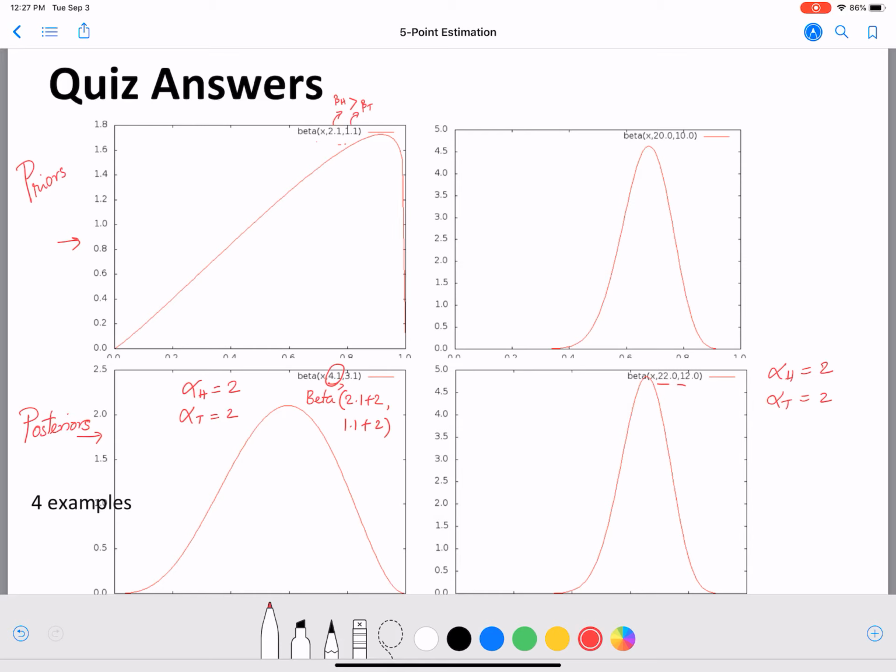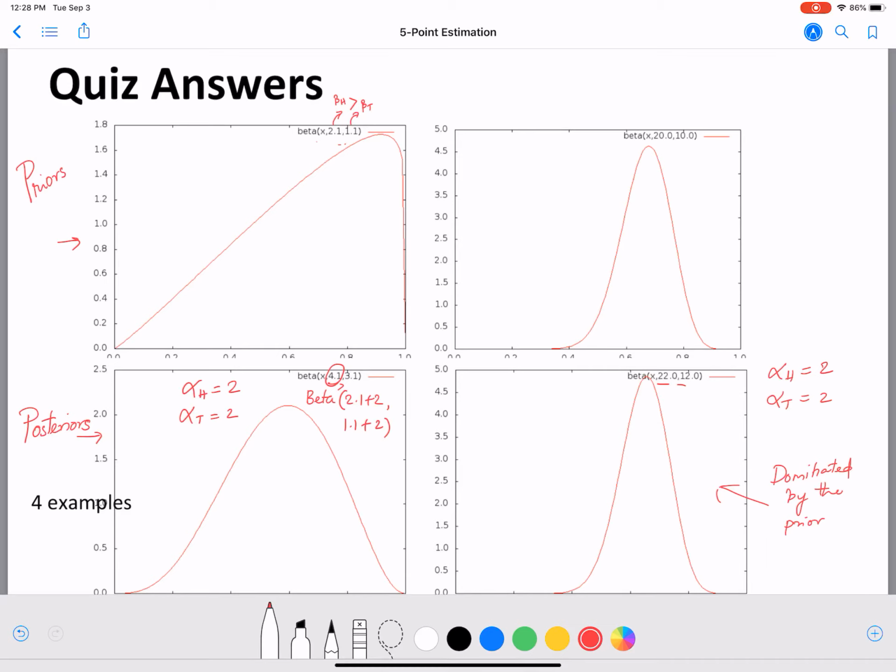which means that this is going to make the shift from 0.5 way more prominent, because a value of 20 is getting added to 2, and you can see that the prior has way more prominence in the right graph here. This graph is dominated by the prior because the values 22 is very close to 20, 12 is very close to 10, and the difference 10 is maintained here.